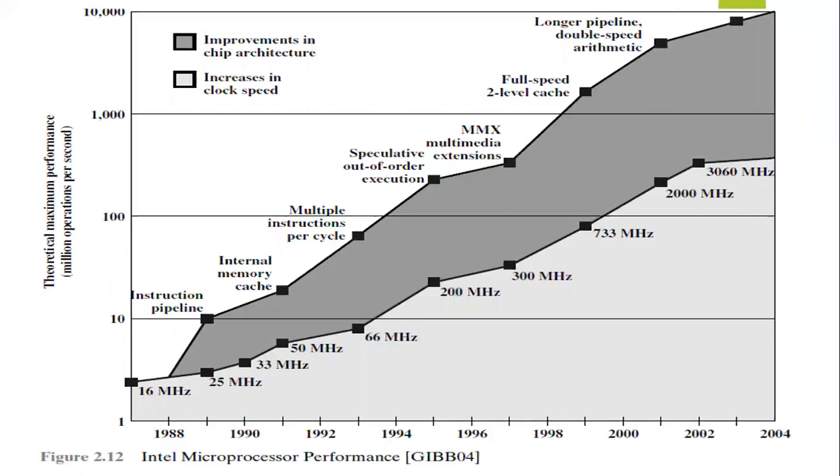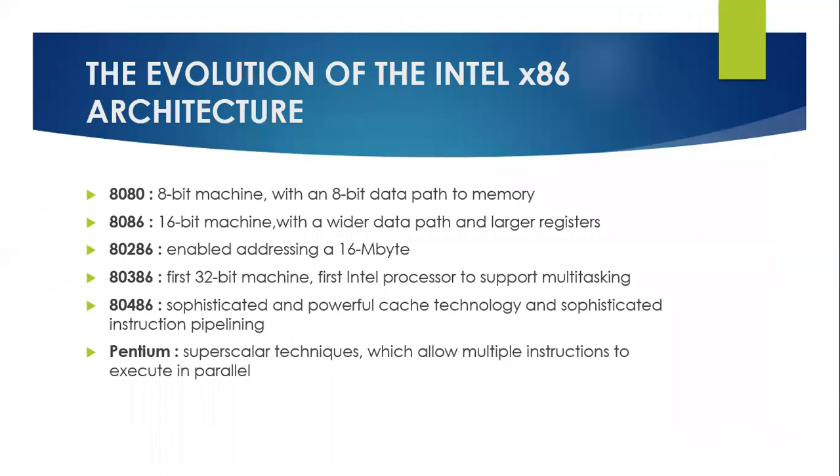Here you can see the graph of Intel microprocessor performance. As time goes by, the performance is increasing. Here you can see the evolution of the Intel x86 architecture. It started with the 8080. It is an 8-bit machine with an 8-bit data path to memory. In the 8086, you have a 16-bit machine with a wider data path and larger registers.